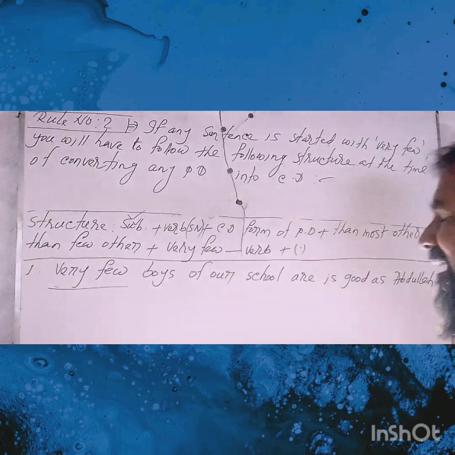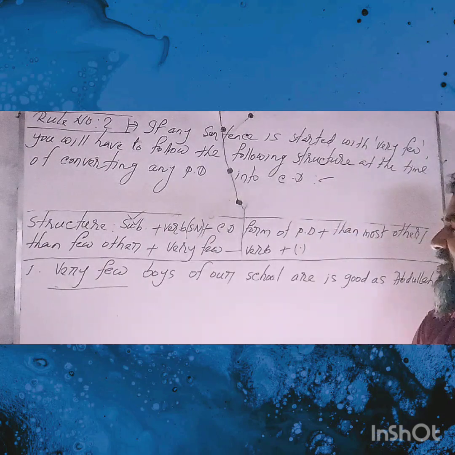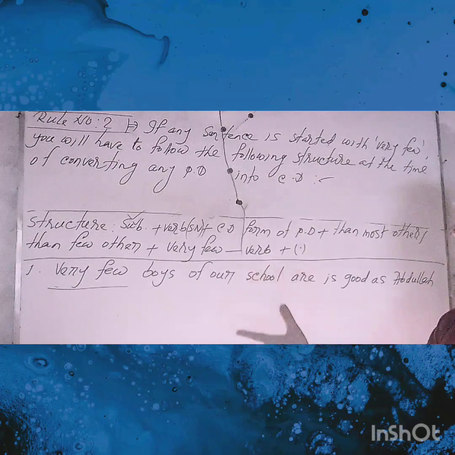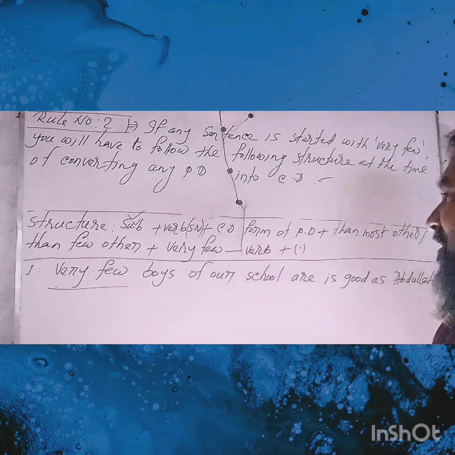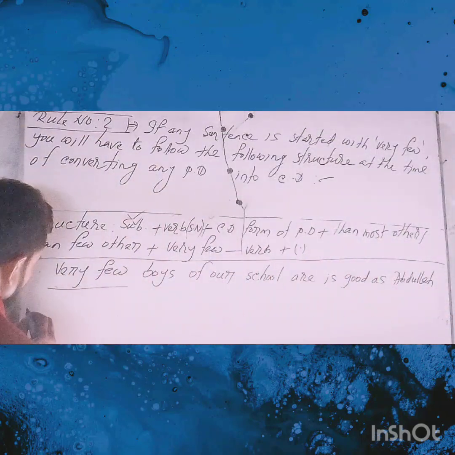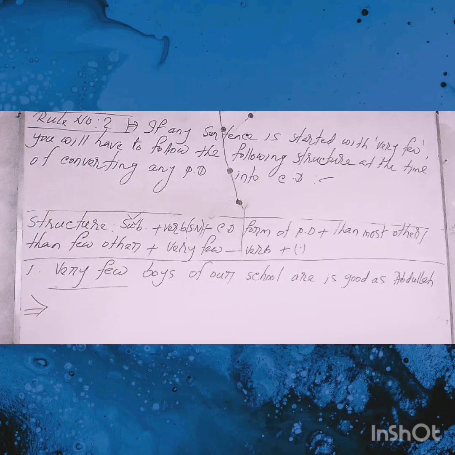And when you are sure about any statement of positive degree, especially with the starting words "very few", you will have to follow the structure. So, my dear learners, try to follow the structure.